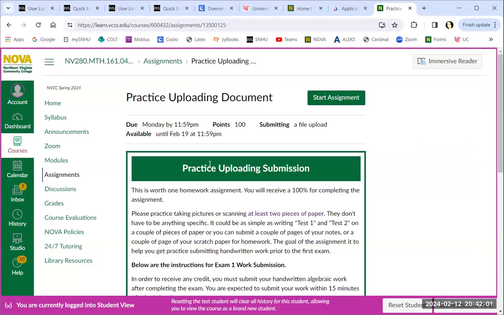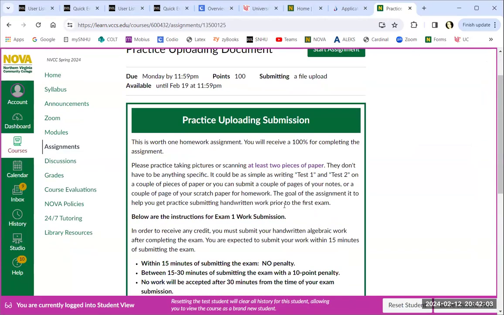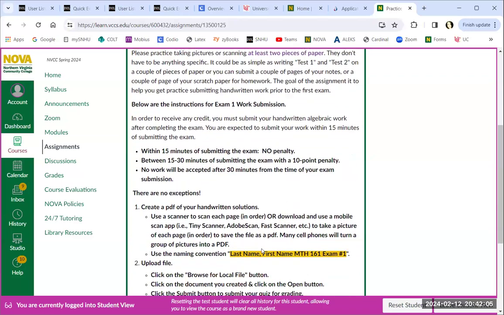You'll see something here that tells you you have to name your file, right? So say you take 10 pictures. I do not want you to upload 10 individual pictures. I want you to put it all into one file, save it with your last name, your first name, and you can even just put exam 1, exam 2, exam 3, final, whatever.